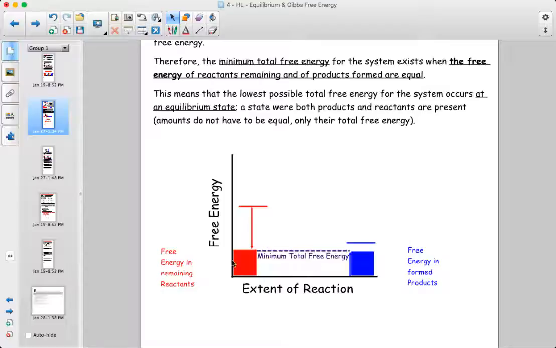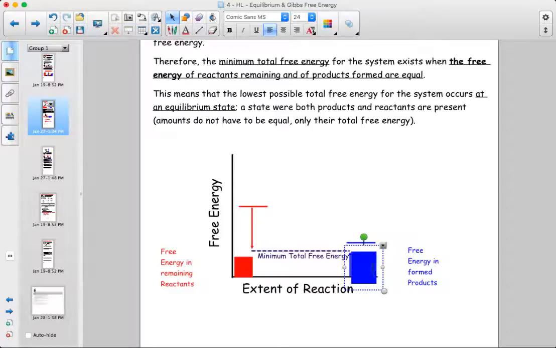So if you're at this point right here, if you want to make any more reaction happen, can I still shrink my little rectangle? Well, the rectangle would shrink, right? So if this goes down any more, that would still be releasing energy. However, this rectangle would be growing, right?